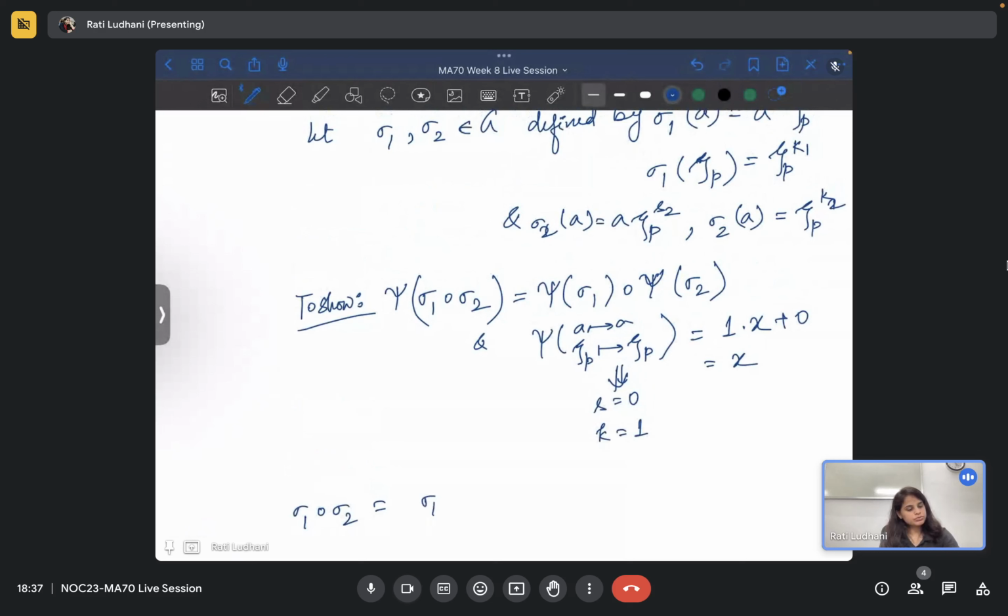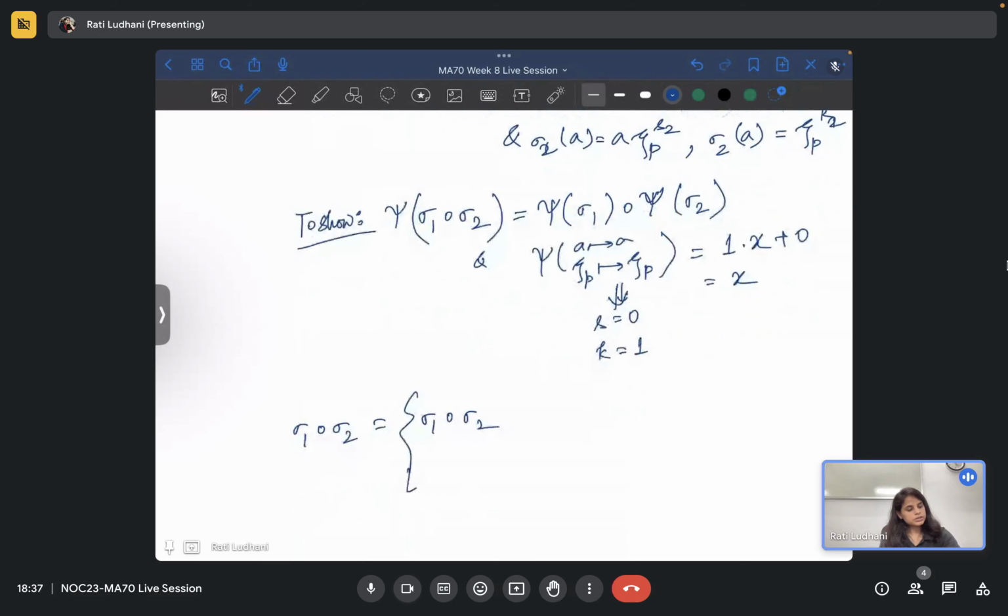So what we need to find is sigma 1 of sigma 2 of a. What is sigma 2 of a? We have just seen that it is equal to a zeta p raised to power k2. And then where does zeta p raised to power k go?